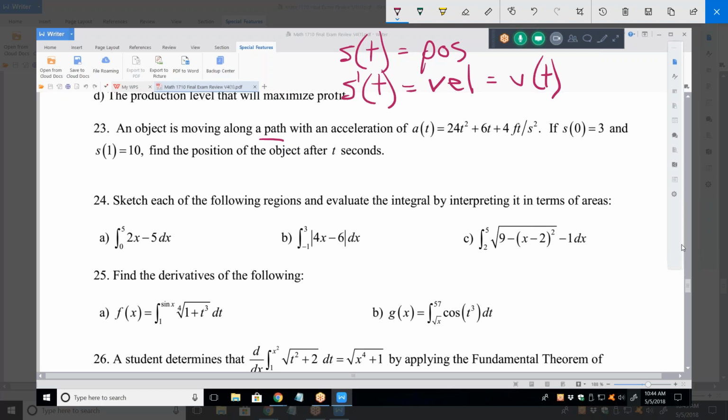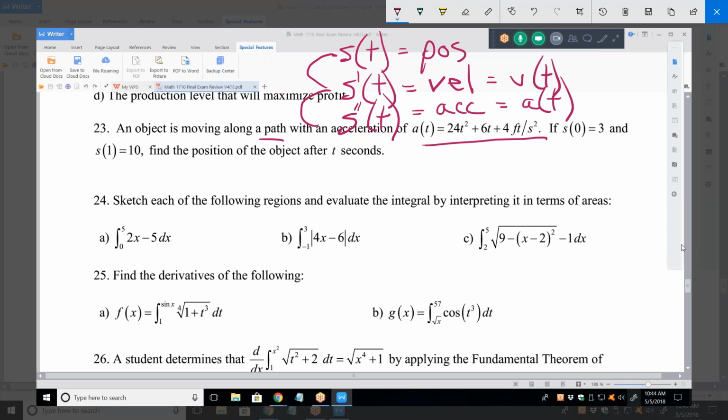And then S double prime of t is acceleration, which is a of t. So they've given us an acceleration function here. And what we got to do is kind of work our way backwards. We got to work back to that, and then we got to work back to that to figure out what the position is.